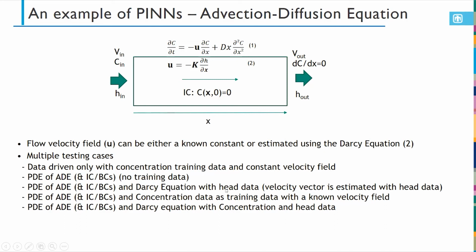This involves inverse modeling to estimate a velocity field using observed head data. In the third case, we use the PDE of the advection-dispersion equation, and we use concentration data as additional training data. And in the last case, we combine all cases together.